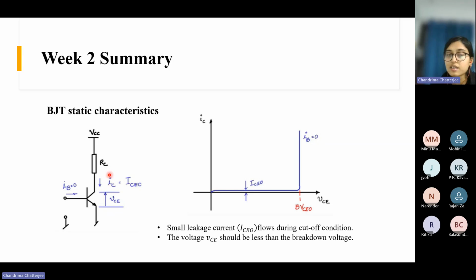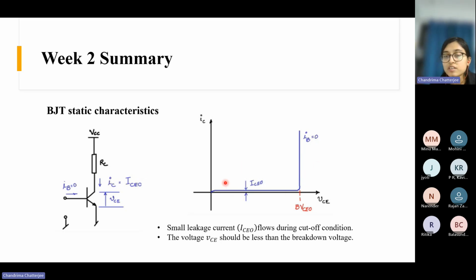But here some non-idealities are present. We will see a small amount of leakage current, called ICEO, which is very small, and there is a breakdown voltage rating of the device called BVCEO, beyond which the device can't withstand. The device will not be able to block beyond this voltage. It will be damaged.